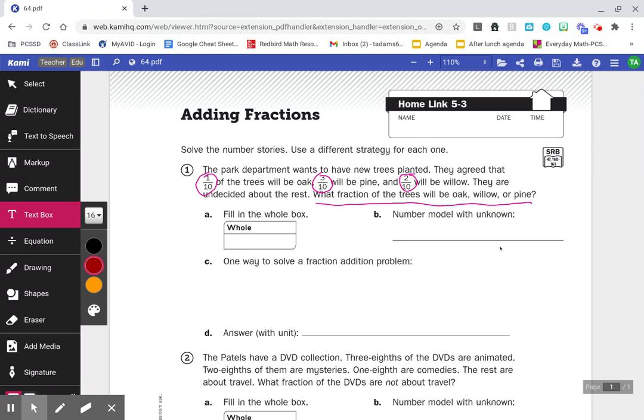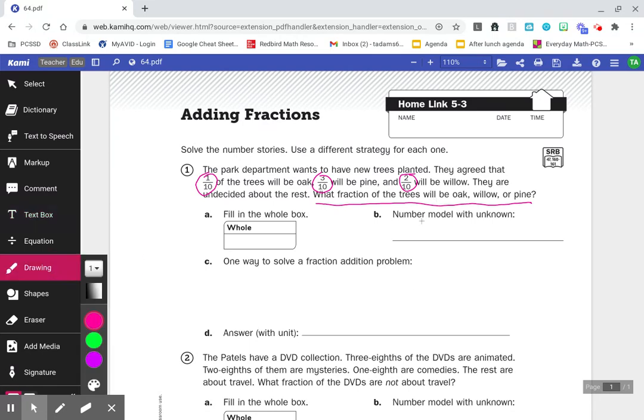Now for our number model. Our number model is where we add the fractions together. 1/10, I'm using this line again as my fraction, plus 3/10, making my life easy because I circled the numbers in advance, so I know that's the information that I'm using. 1/10, 3/10, plus 2/10, because we're looking at the total for all three trees.